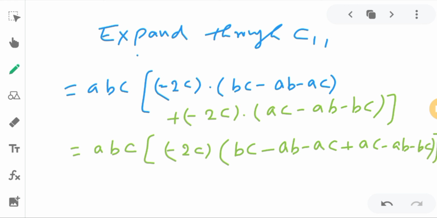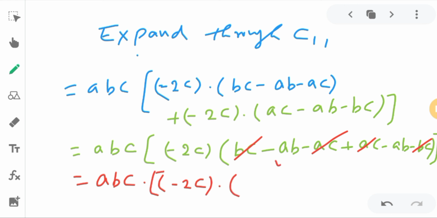Now for simplification, minus BC and plus BC will cancel, and plus AC and minus AC will cancel. So this will be ABC into minus 2C into minus 2AB.